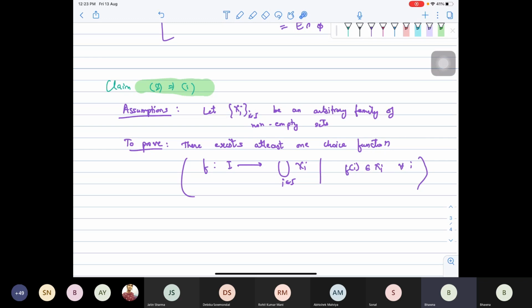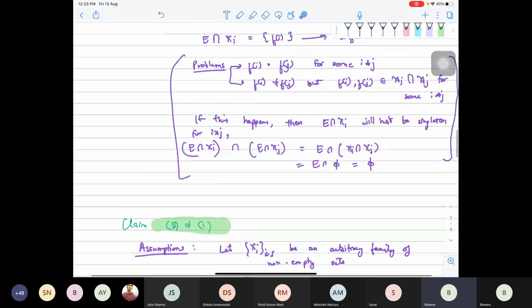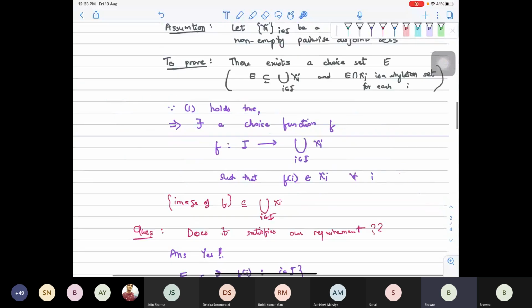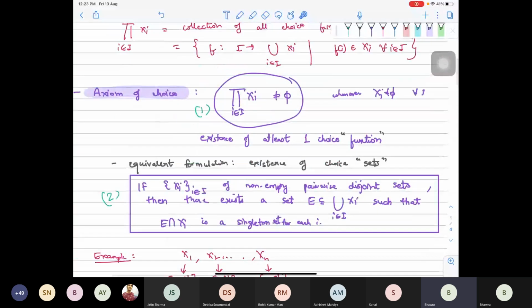What I'm trying to say is how to write a proof. I am saying that I want to show that statement 1 is correct. To show that this statement is correct, I need to assume some basic things: that we have a collection of non-empty sets.